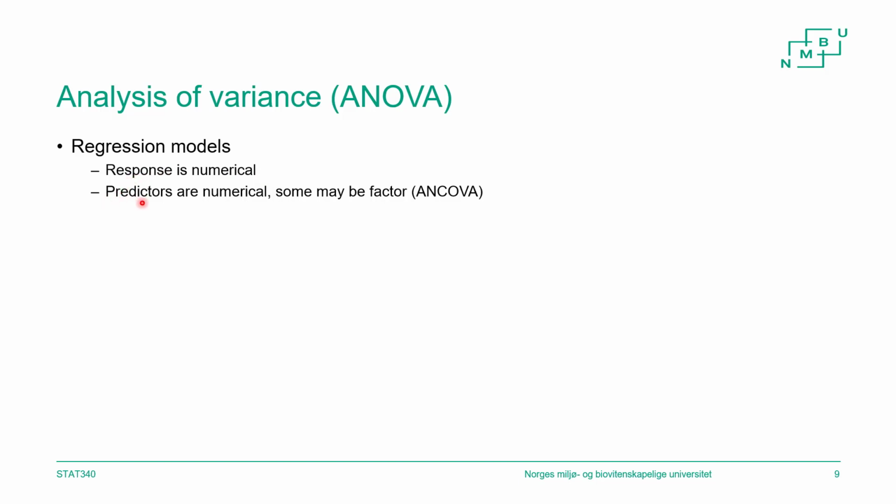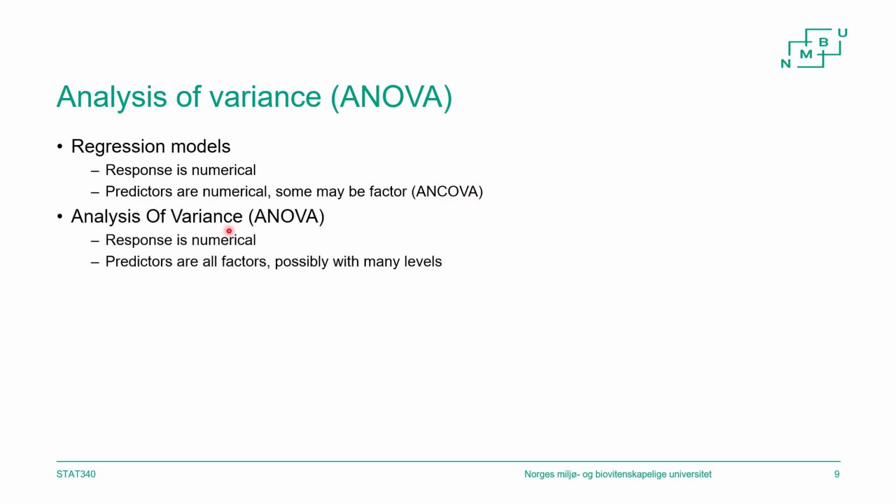The predictors are typically numerical, but we also saw recently that we may also have a factor or two in there. When we talk about ANOVA models, the response is still numerical, but now all the predictors are factors. All of them. No numerical predictor variables anymore.